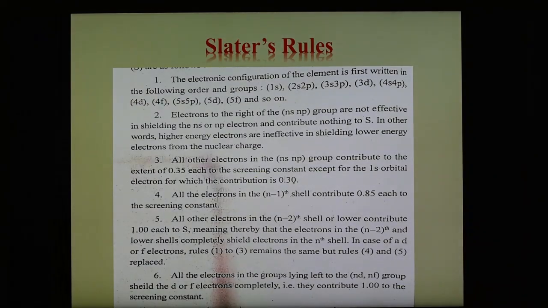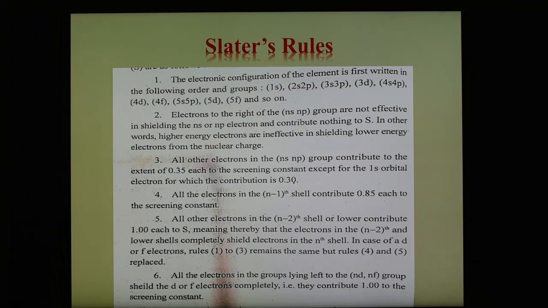Now Slater proposed some important rules to find out the screening constant S. Slater is the name of a scientist, and he gave a set of empirical rules for calculating the effective nuclear charge Z star for an electron in the different orbitals.